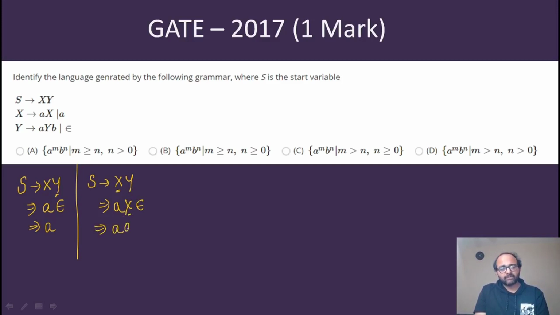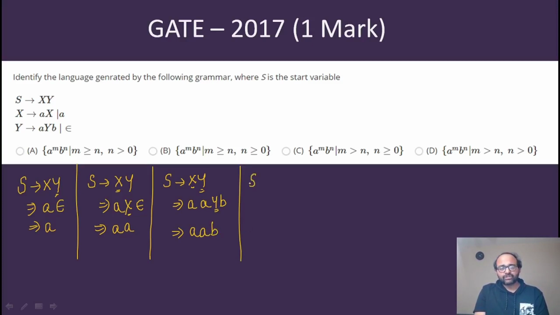It will be aa. Now similarly S tends to XY. Here we can again substitute X as a, and Y can be replaced with aYb, and here I can substitute Y as epsilon. So it will become aab.